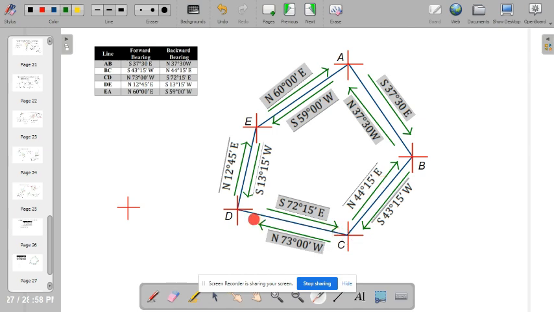CD is northwest, and backward is southeast. Forward for DE is northeast, backward is southwest, and then forward for EA is northeast, backward is southwest. All right, so we're correct now. Let's go back to the question.